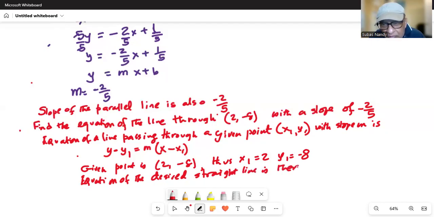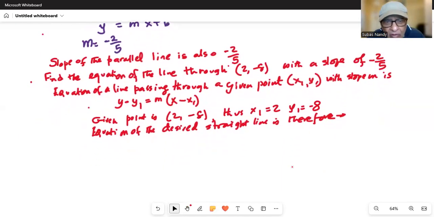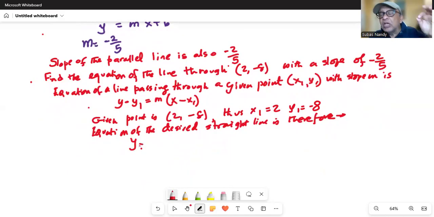y minus y1. Here, what will happen? If I bring in a minus 8, what do you think will happen? I'll give you some time to think about it.